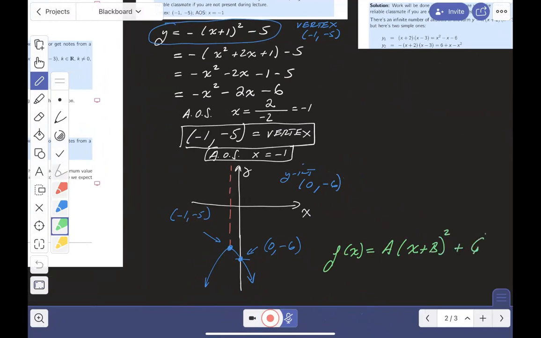And a lot of teachers of math actually teach it this way. I don't, though. But the vertex for this one over here is going to be -b, comma c. That's nice to know. The axis of symmetry for this guy over here is going to be x equals -b.